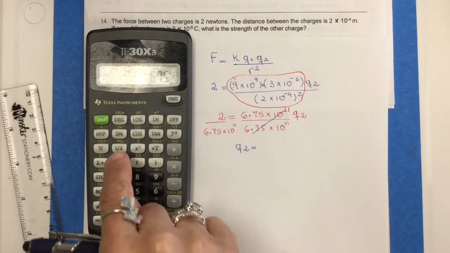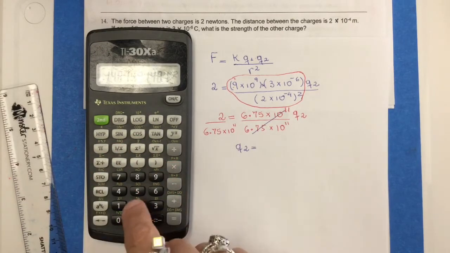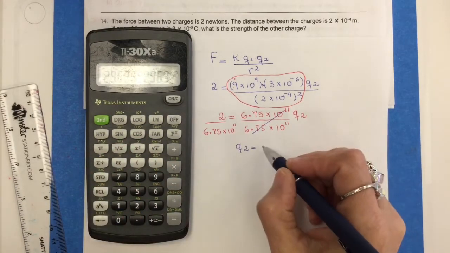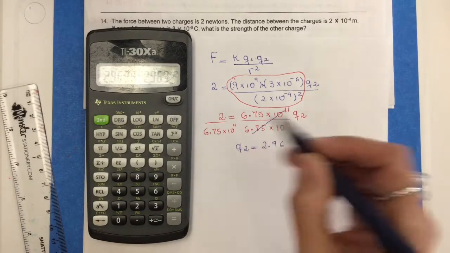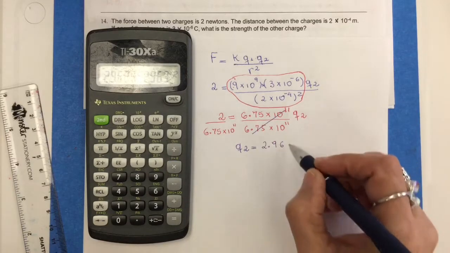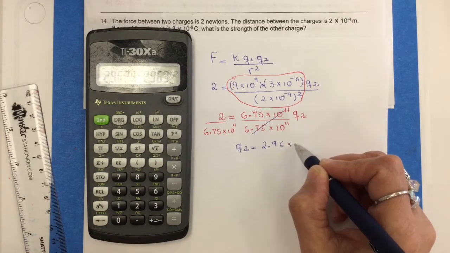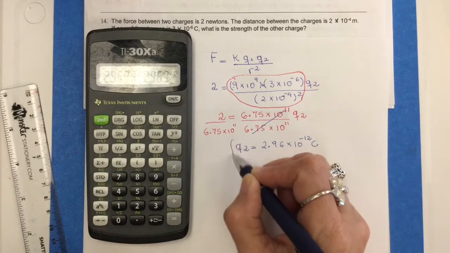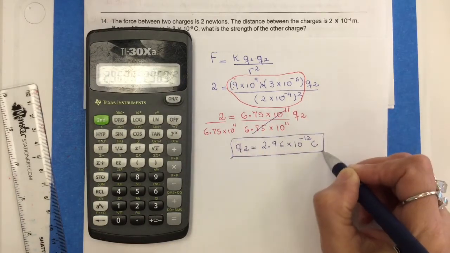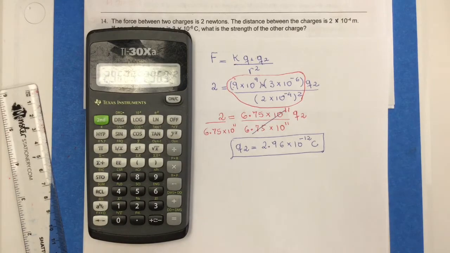So let's see what happened. Inverse times 2. So that will give me 2.96. I can stop right there. Times 10 to the minus 12 coulombs. So that is my result.